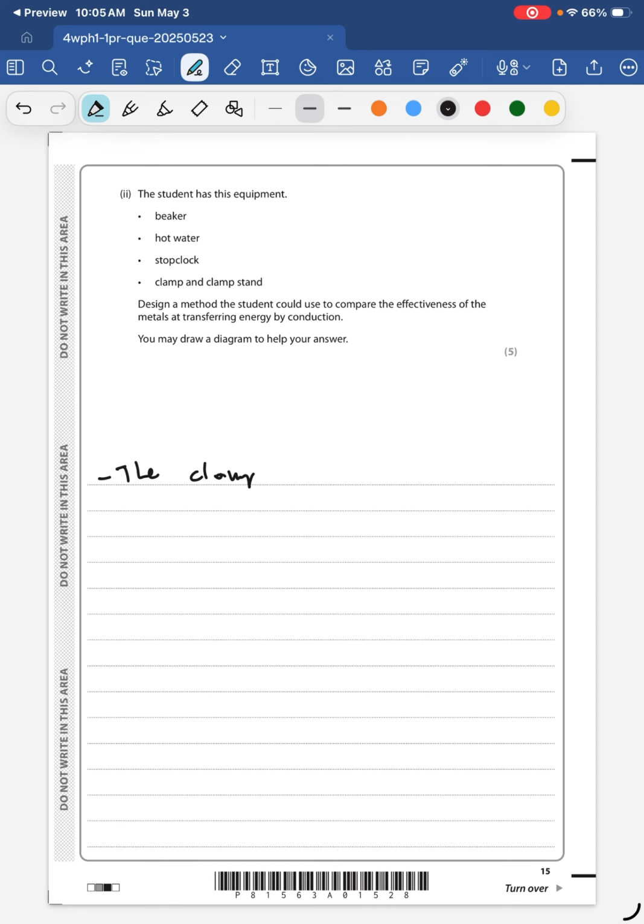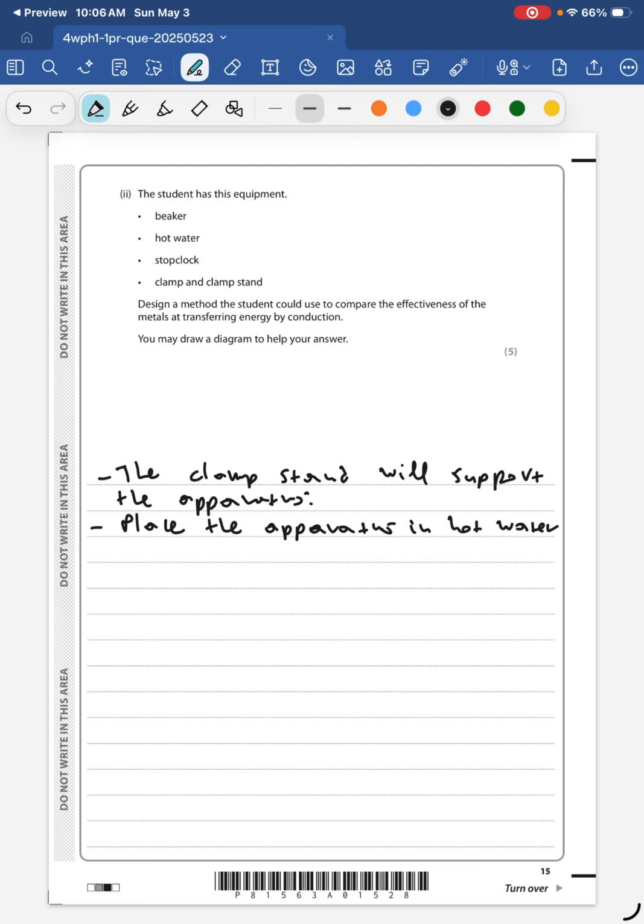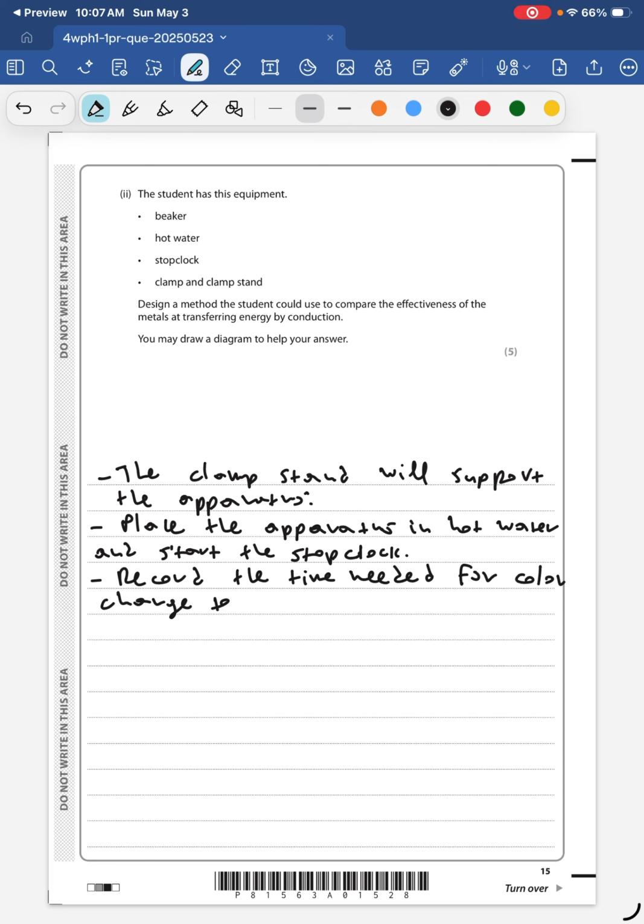So the clamp stand will support the apparatus. Okay, then place the apparatus in hot water. Okay, and start the stop clock. Okay, the next thing is to record the time needed for color change to reach the top.